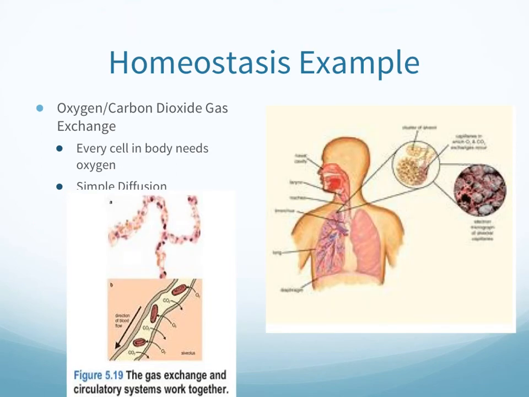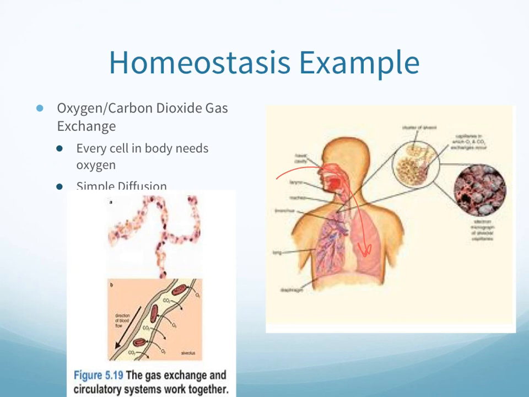Another homeostasis example in the body is oxygen exchange. Every single cell in the body needs oxygen, and the oxygen is inhaled into the lungs, and once it gets in the lungs, it's going to go to every cell in the body via the bloodstream.